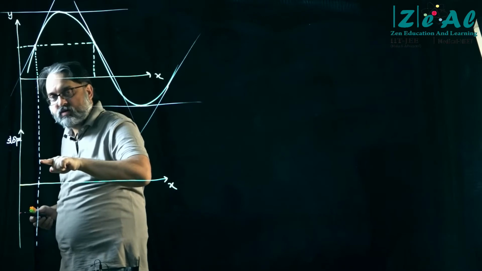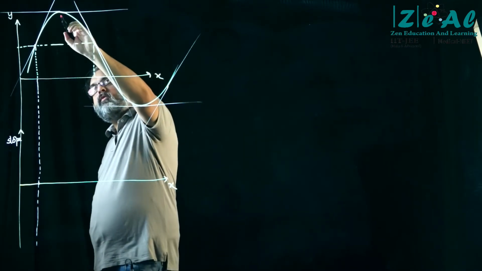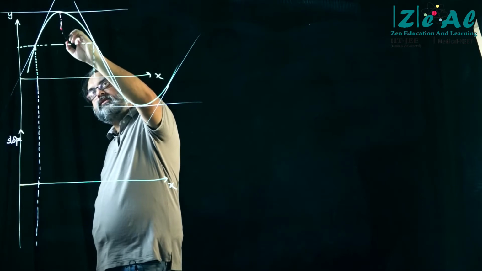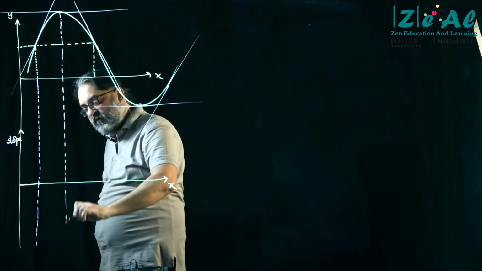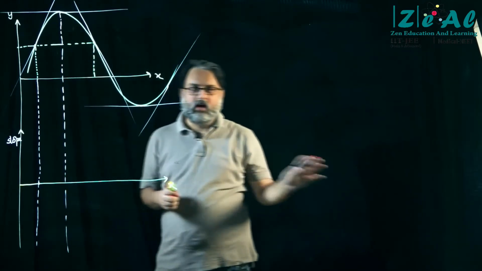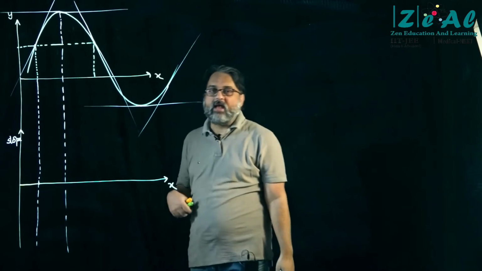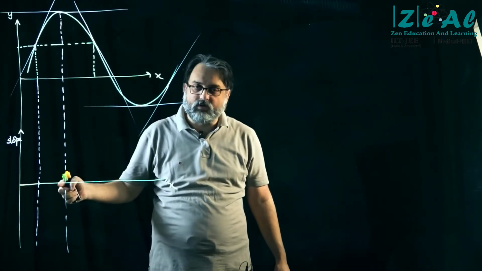I am going to plot that here. Okay. Similarly, for this x, I don't want the value of y. That is already, I can read it from here. I want the value of the slope of the graph at this x, and I will plot it here.